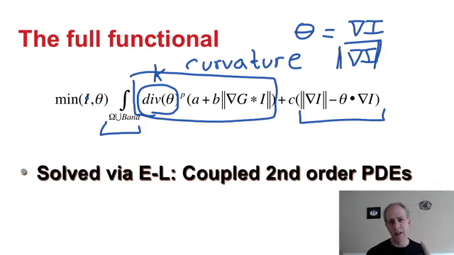So instead of one equation as we had before when we knew theta, you get two equations, one that is evolving I, the other that is evolving theta, and you're solving both of them at the same time. So it's like fixing one for a short time, solving for the other, fixing the other, solving for one of them. And then you iterate and you get this coupled partial differential equation on both I and theta.